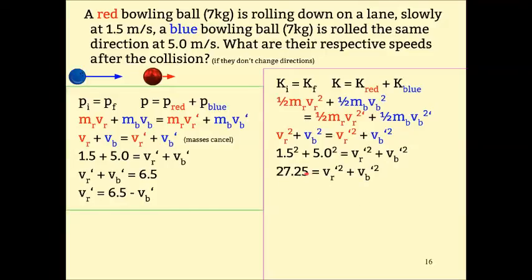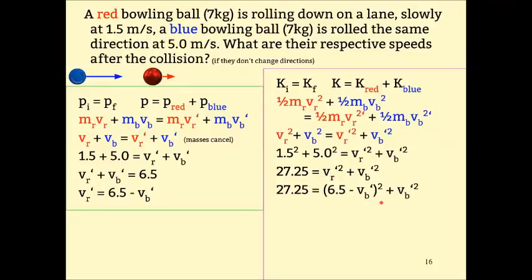So now I have this equation, and I have this equation, and I'm going to combine the two together. Just like in algebra, when you had two equations with two unknowns, you combine them to solve. So I'm going to take this VR prime, and I'm going to replace it in this equation over here. So the 6.5 minus VB comes in here, right?